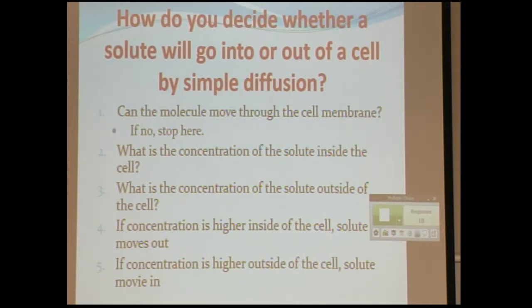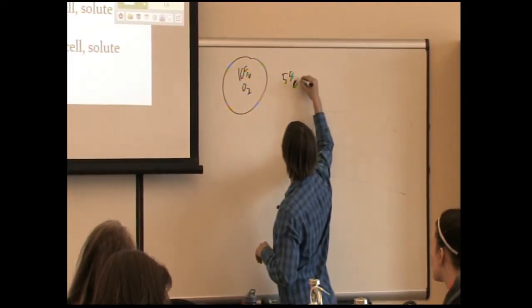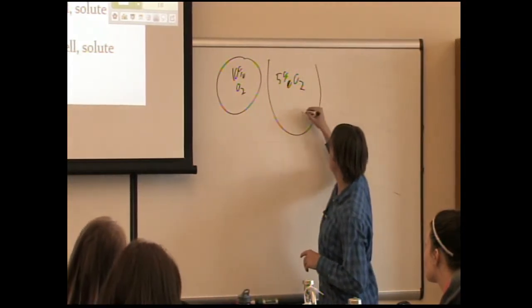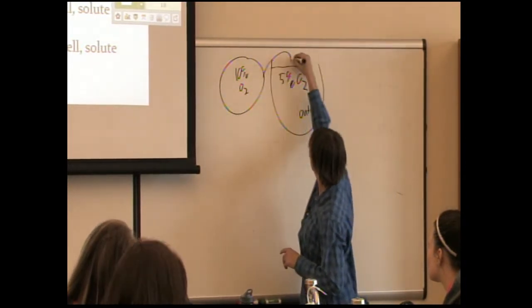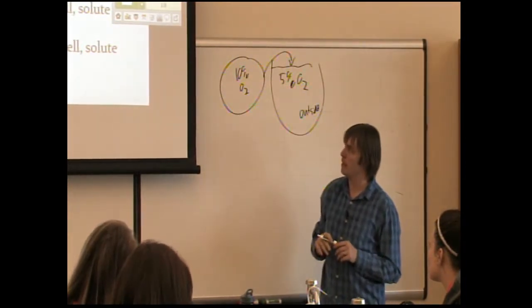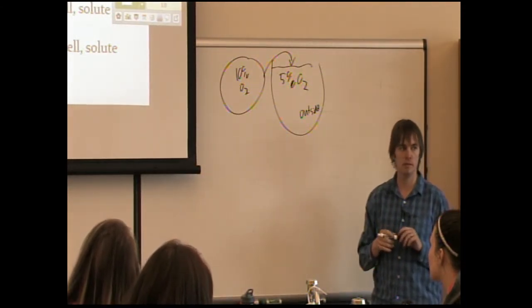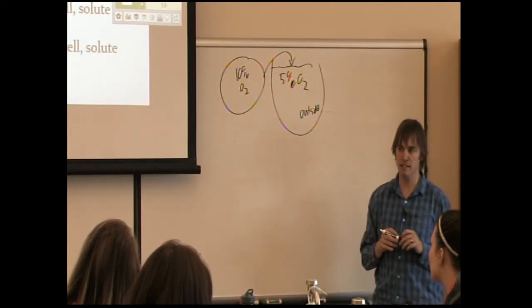So let's say oxygen. 10% oxygen inside, 5% outside. So you're putting a cell in here. Which way is the oxygen going to go? It's just going to go from high to low. So it's going to go out of the cell.